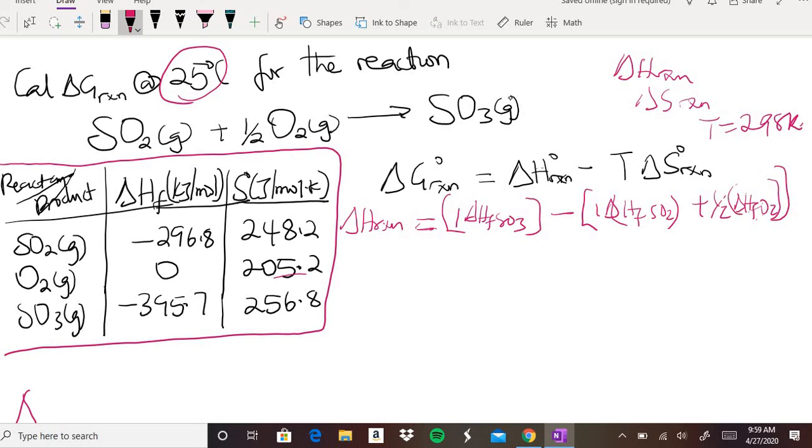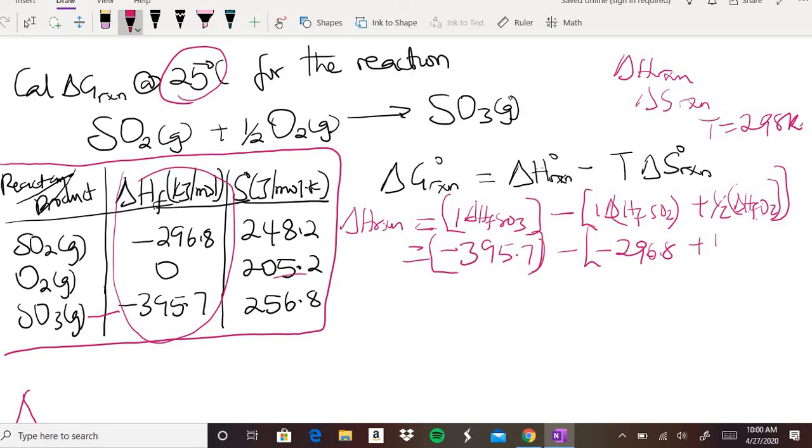Alright, so we plug this together. For this first one, SO3 is negative 395.7, minus SO2, which is negative 296.8, plus half of oxygen, which is 0, so this goes away.